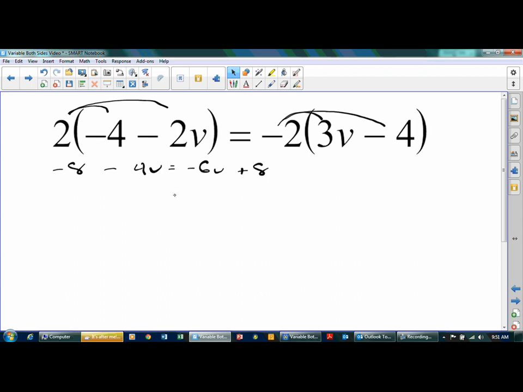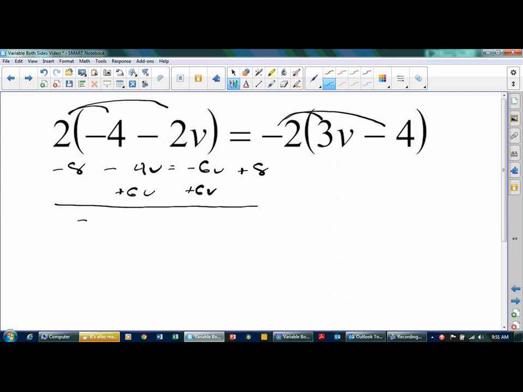Personally, I like to start with my variable, and I like to try to make my variable coefficient be a positive. So I'm going to add 6v. Some people prefer to always bring the variable to the left and move their constants to the right, and that's fine, as long as you don't make a mistake in your arithmetic.